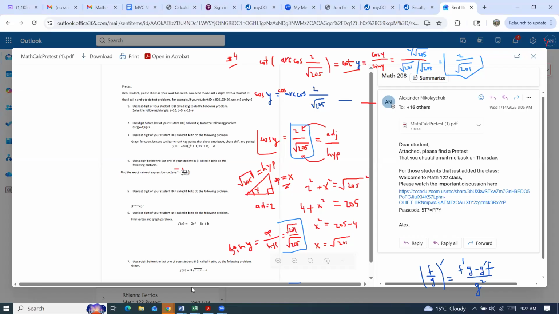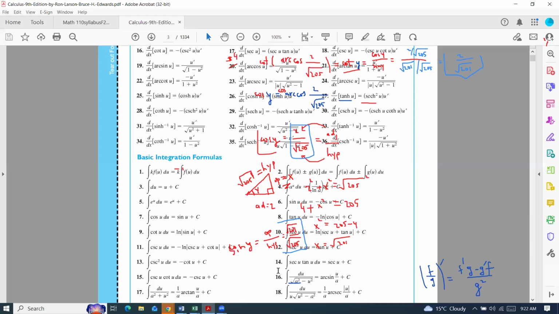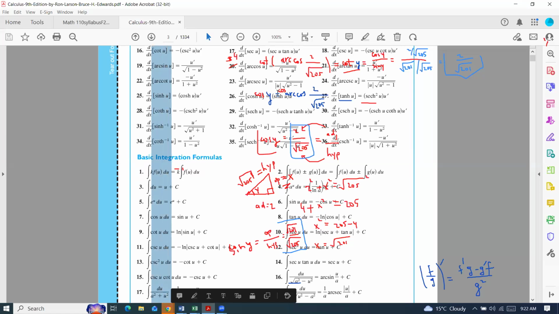And now I go back to the textbook because my goal is to use the exact same approach to take the derivative of arc sine. So now I need to take the derivative of arc sine. So let me do that.